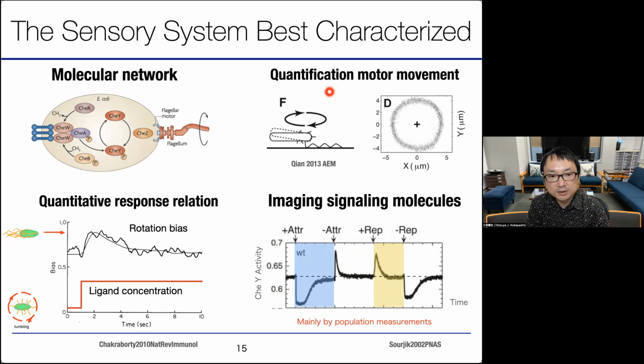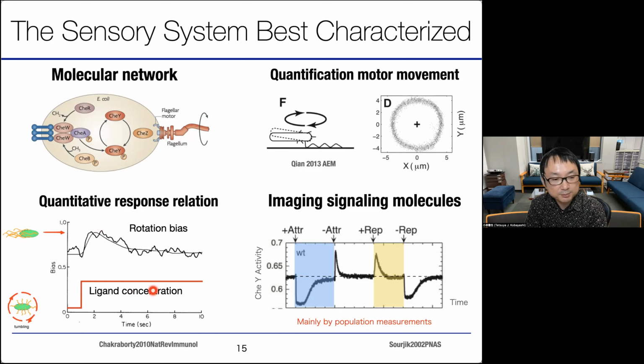Also, it is not so difficult to monitor the motor movement, the rotation of the motor that determines the ballistic run and also the random tumbling. By attaching a cell to a glass, we can monitor the motor movement by using a microscope very easily. Therefore, we can measure the quantitative response of this cell to the change in the ligand.